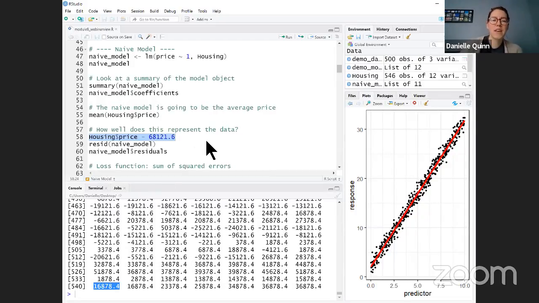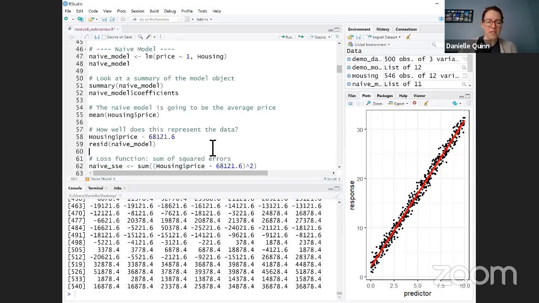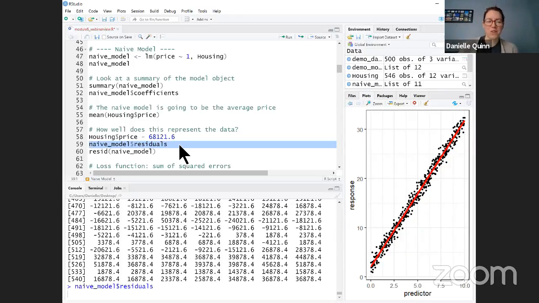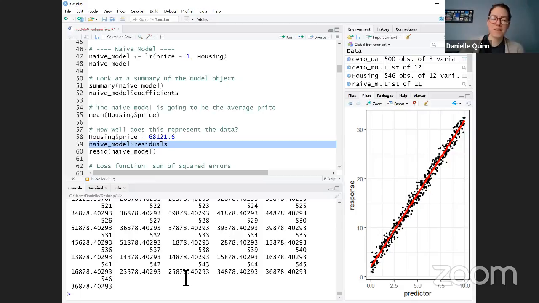The other way that we can pull out our residuals is, just like having a component called coefficients, the model object also has a component called residuals. You could run that, and that would print out the same information in a slightly different looking format.